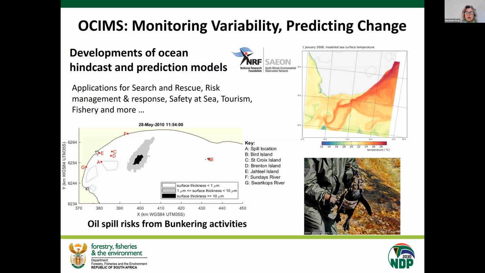So you know that within Algoa Bay, you have ship-to-ship oil transfers, and there's associated risk of oil spills with that. And this is potentially a high risk for the African endangered penguins in the region and other ecosystems within the region, which are highly sensitive.